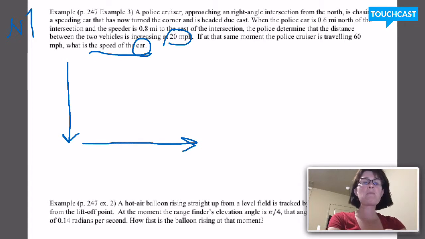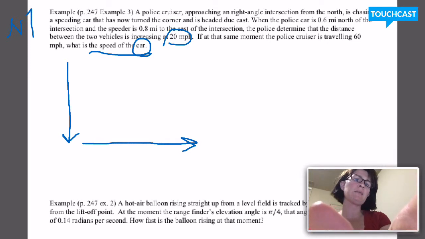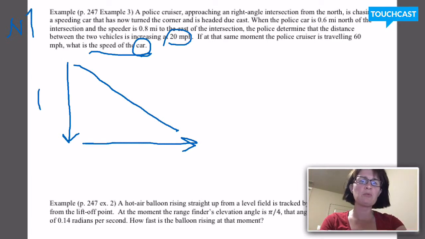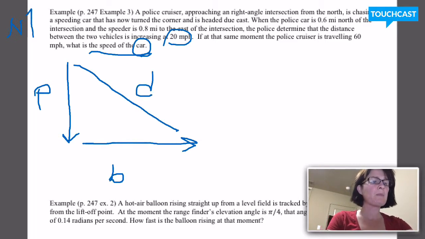And the distance between them, we can see that they have this right angle at the corner, this intersection. The distance between them is this distance here. I'm going to call this P for policeman, B for bad guy, and D the distance between them.